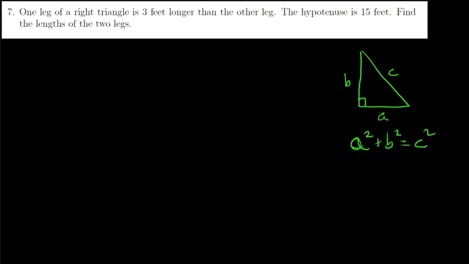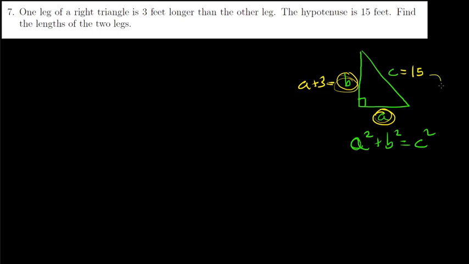Keep that in mind. Now one leg, let's say B, is 3 feet longer than the other leg, A. So B is just A plus 3. And the hypotenuse is 15 feet, so C is 15. That comes for free. But we're looking for A and B, these two sides here.